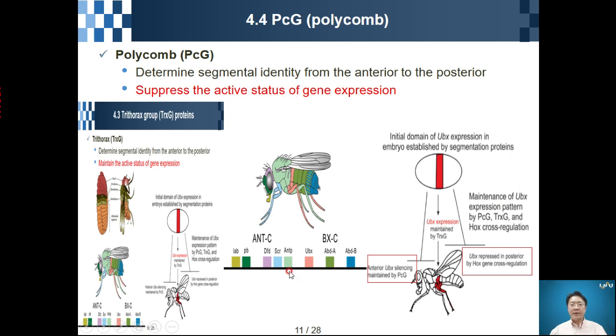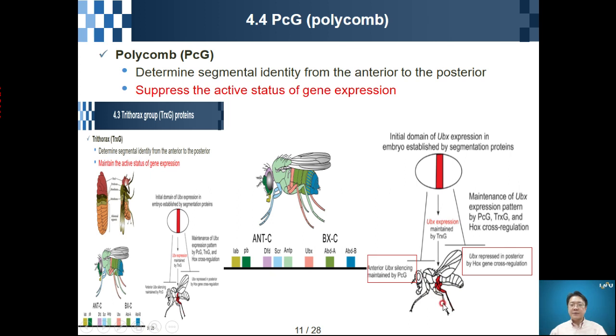How about the T2 segment? To make the T2 legs, TRXG maintains the active status of the Antennapedia expression in the T2 segment.